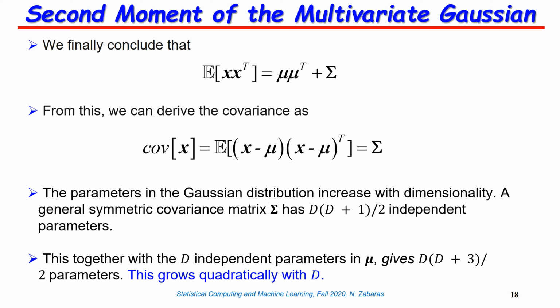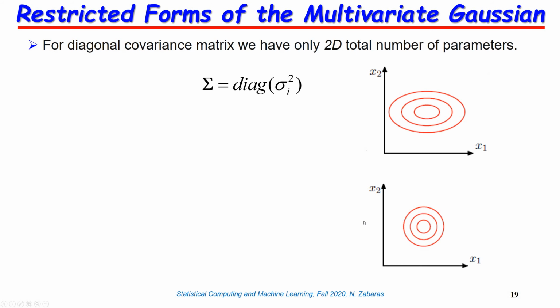And that's why in practice we always try to work with some restricted forms of the covariance matrix, so that the number of parameters does not grow quadratically with d, but maybe linearly. So let's see what type of restricted forms of the multivariate Gaussian we can have.